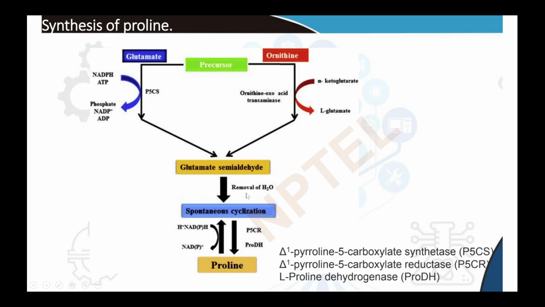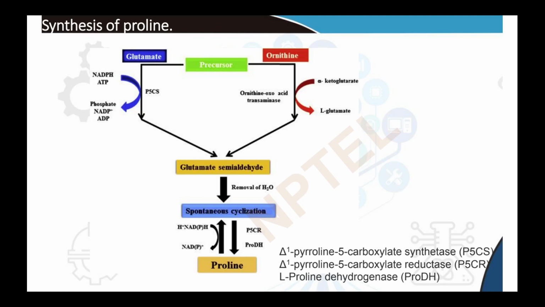So glutamate to glutamate semialdehyde is by the enzyme delta pyrroline 5-carboxylate synthetase. There's ATP hydrolysis involved since it's a synthetase enzyme, and one NADPH oxidation is also involved.